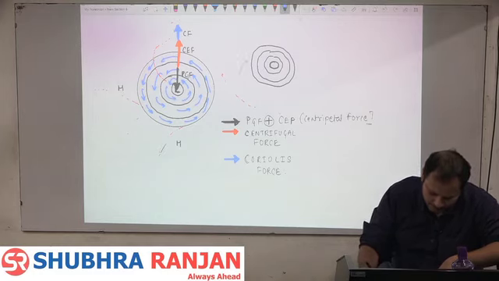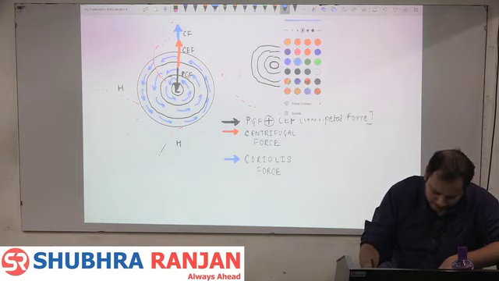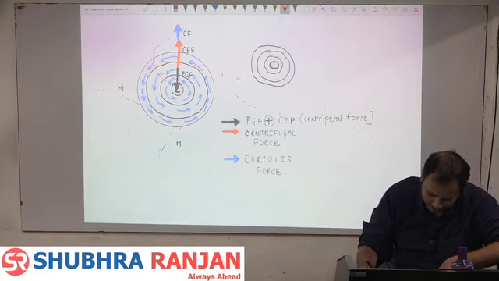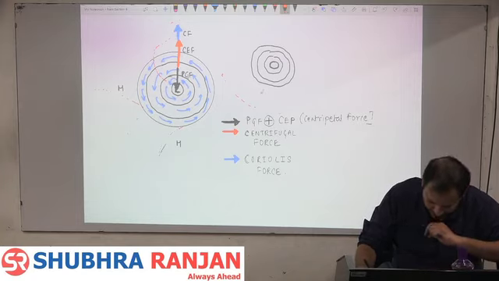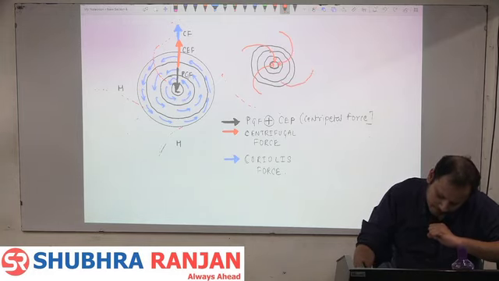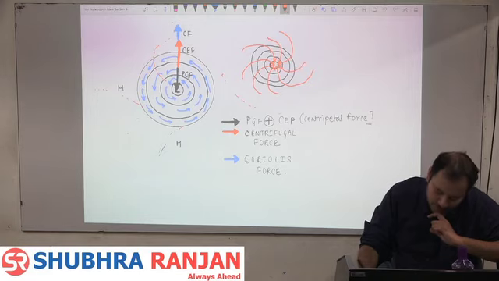While in the southern hemisphere, as the Coriolis force deflects the winds to the left, the pressure gradient force will pull the winds inwards. कौन सा फोर्स ज्यादा है? अंदर वाला.